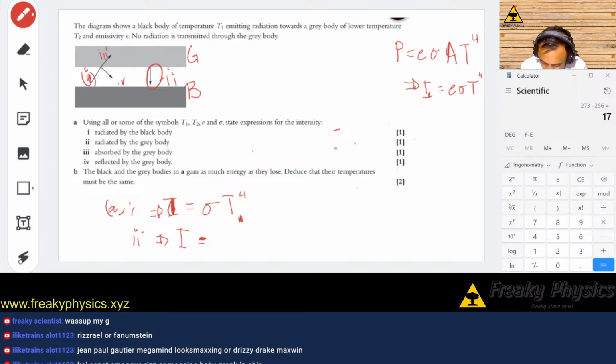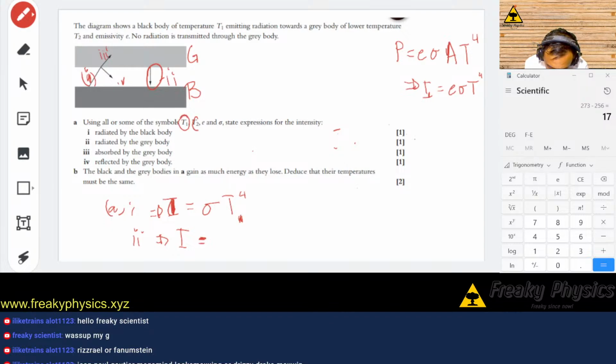Yes, that's true, but we're not really given anything else here. We're not given the power. Okay? Since we're not given the power, we have to use the terms T1, T2, emissivity E, and sigma. No other symbols.